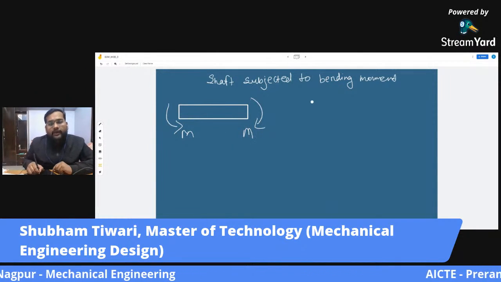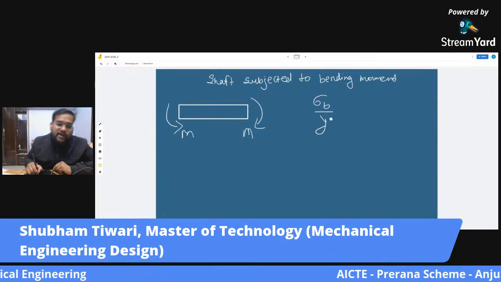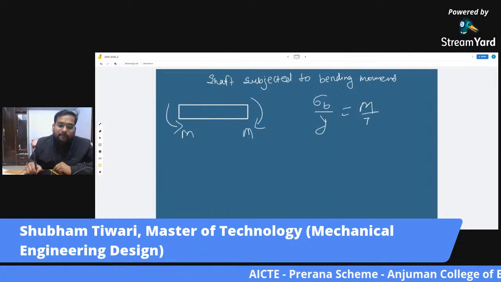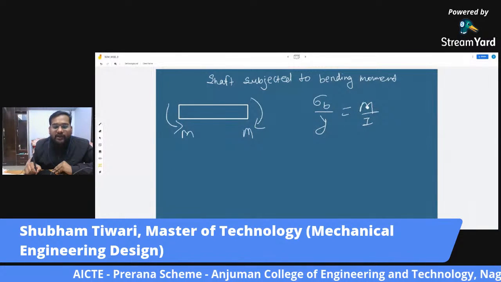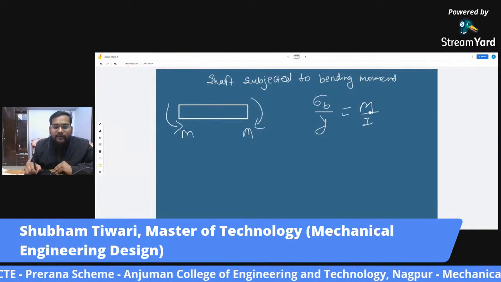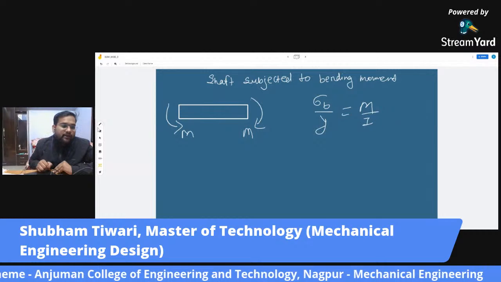We know that for bending we have the equation sigma b by y equals M by I equals E by R, which we do not require at this time. M is the bending moment. I is the moment of inertia.